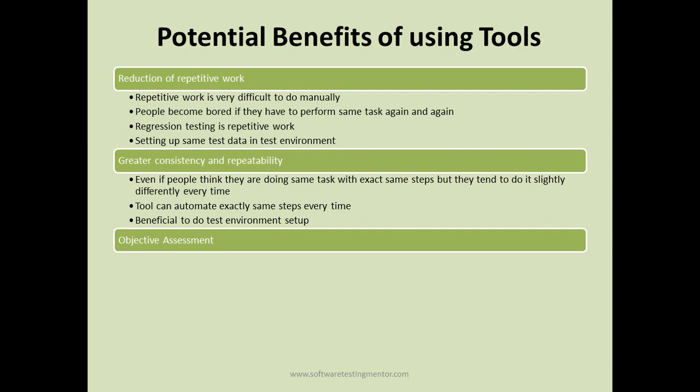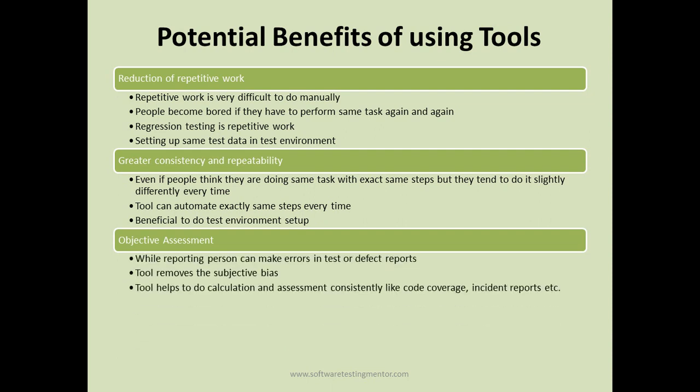Then the third benefit is objective assessment. For example, while reporting, a person can make errors in test or defect reports. If a person does the assessment of a report, for example a defect report or test report, manually, in the calculation or in finding out the metrics, he might make errors, but the tool will always give you perfect and correct data for the report.